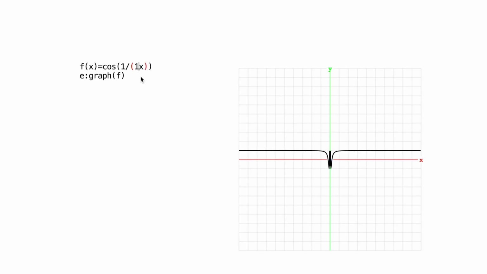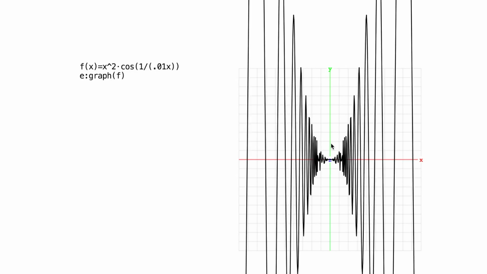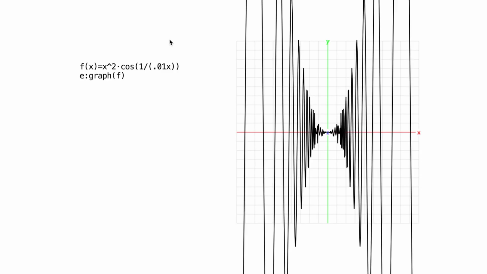Bear with me, I have an idea of what I'm trying to do here. There you go. So it's really wavy. But if we throw this x squared out front, there you go. That's what I wanted to see.